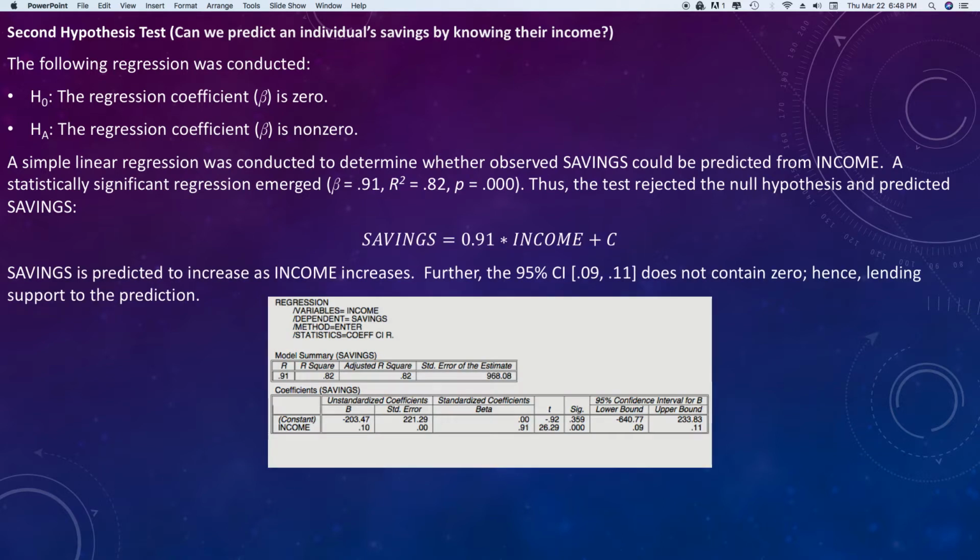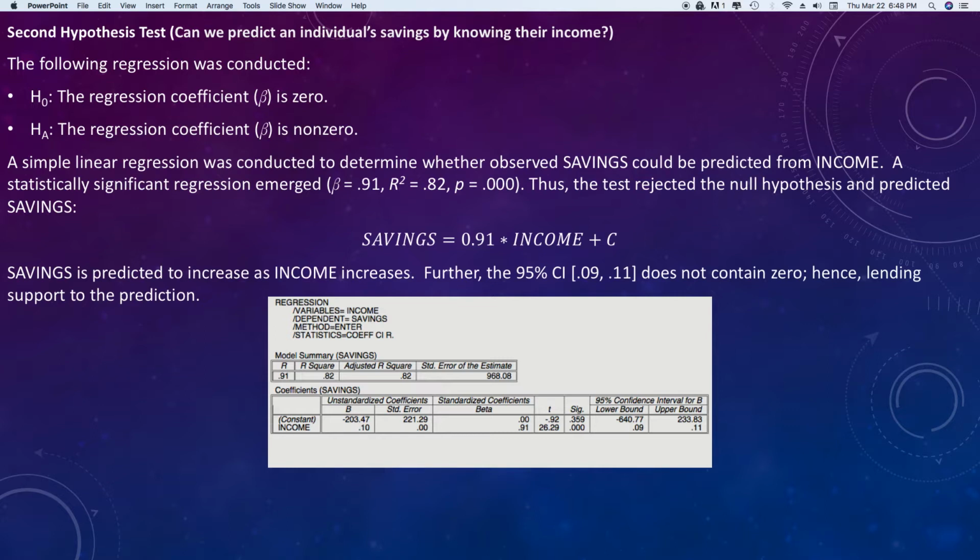A simple linear regression was conducted to determine whether observed savings could be predicted from income. A statistically significant regression emerged in which beta equaled 0.91, the r-squared equaled 0.82, and the p-value equaled 0. Thus, the test rejected the null hypothesis and predicted savings.